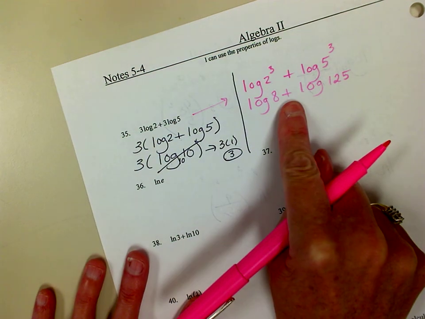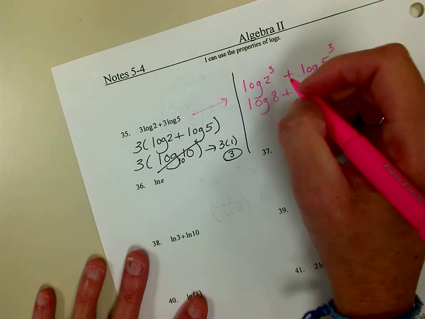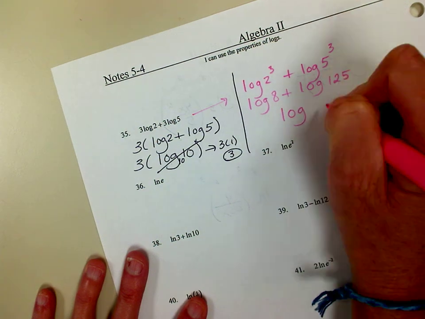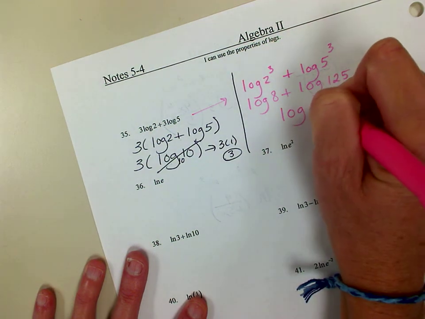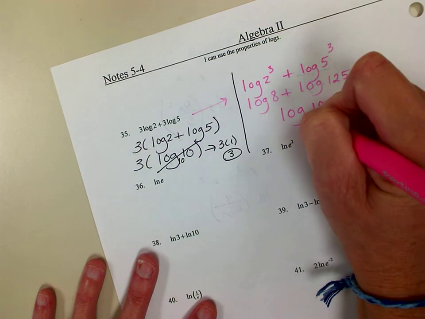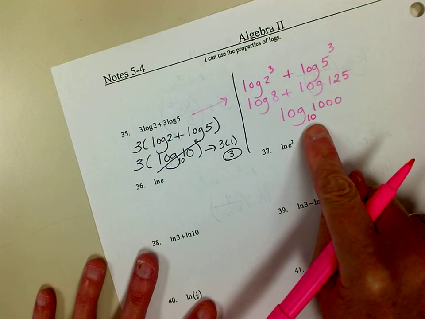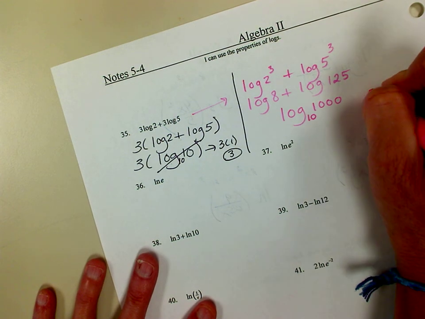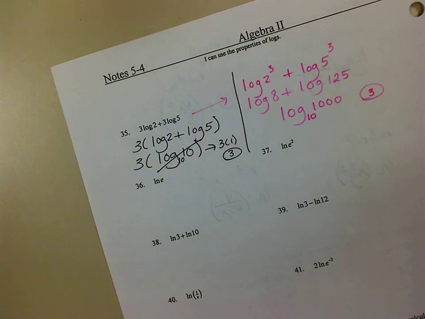This means to multiply 8 and 125. That's going to be 1,000. And then you've got to figure out, there's really a 10 there. 10 to what power is 1,000? That's going to be 3. So there's two ways to do that one. There's probably more than one way to do many of these, but anyway.